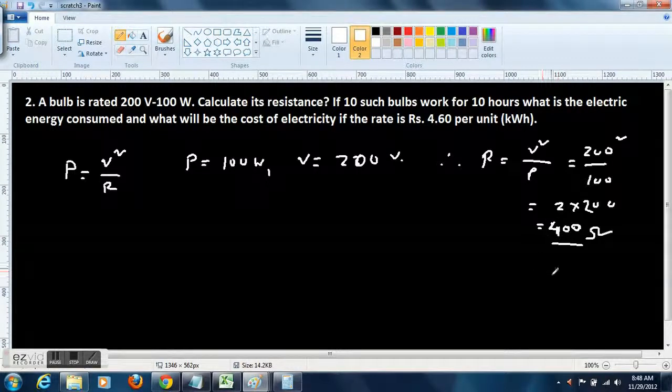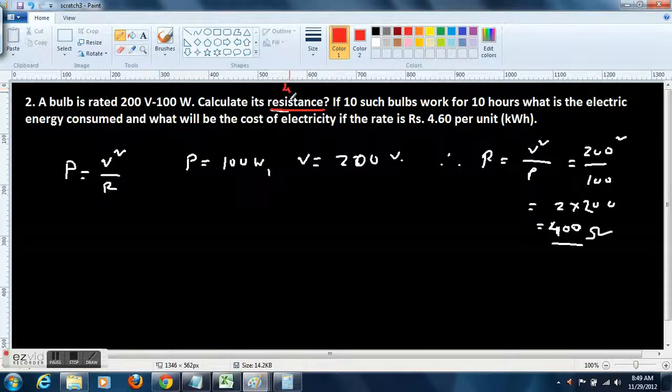Again, this is the resistance of the bulb. Resistance of the bulb is 400 ohms. So this is the first part of the solution.